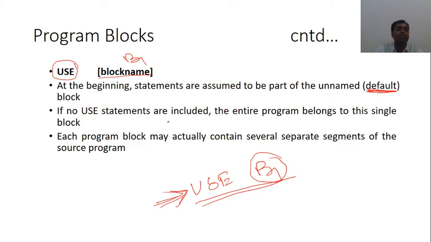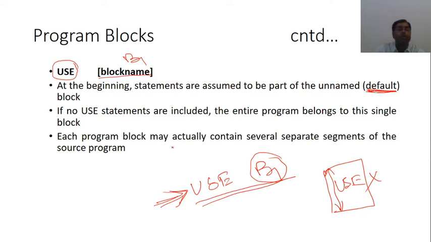If no USE statement is included, the entire program belongs to this single block. That means if there is no USE statement in the program, then the entire program belongs to a single block.